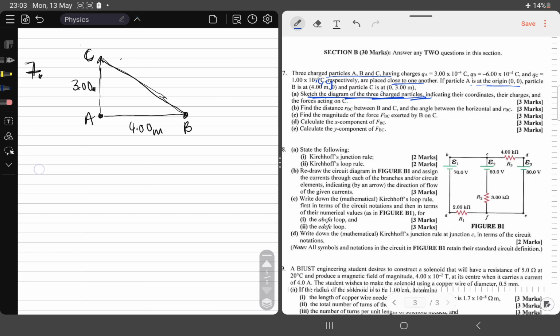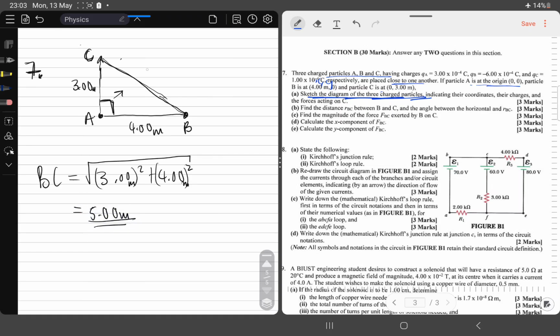BC is equal to the square root, since it's the hypotenuse, the side opposite the right angle. So it's the square root of 3.00 squared plus 4.00 squared, and you get BC as 5.00 meters. You can put it in the calculator. So here is 5.00 meters, and I've sketched the diagram, I'm done.